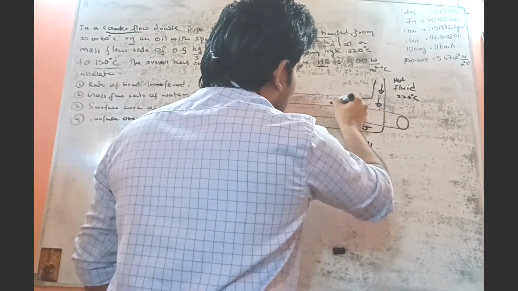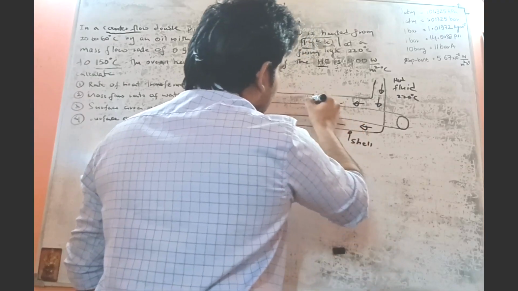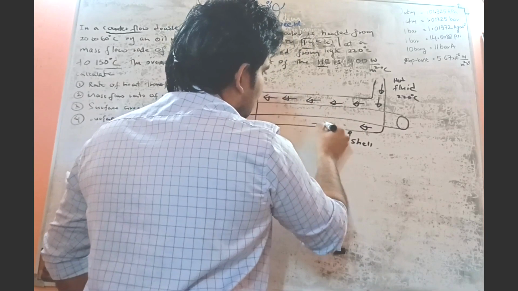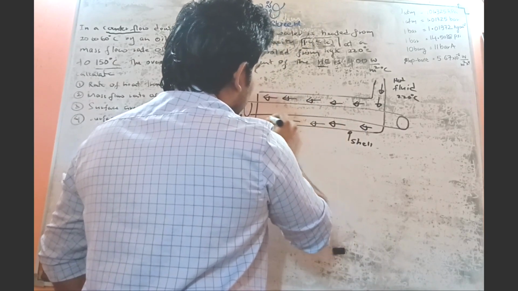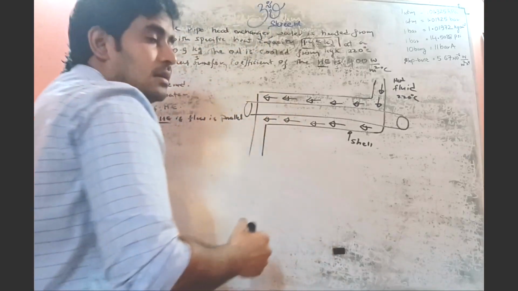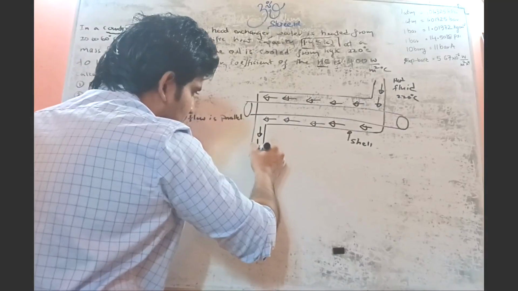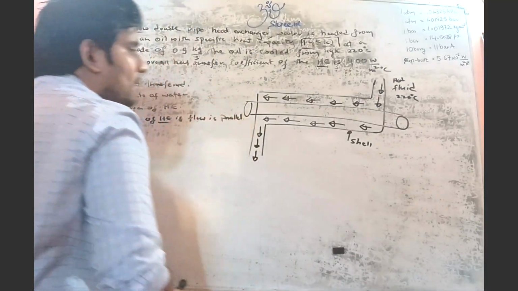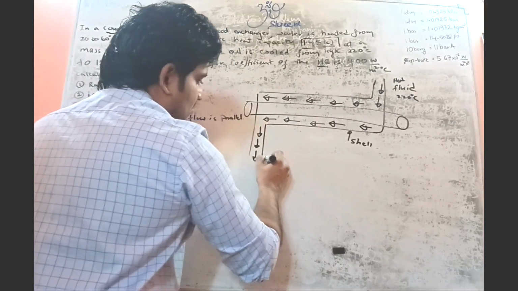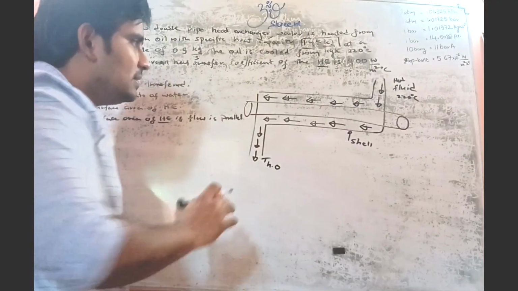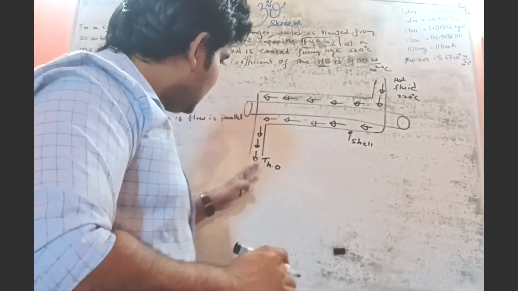The hot fluid enters like that, and the hot fluid exits from here. So let's say T hot out. These are our notations: T hot in, THI, and T hot out.